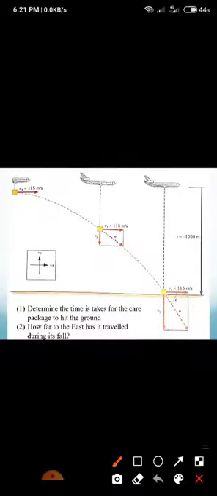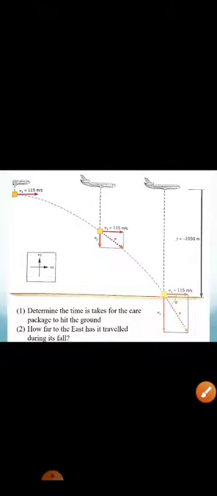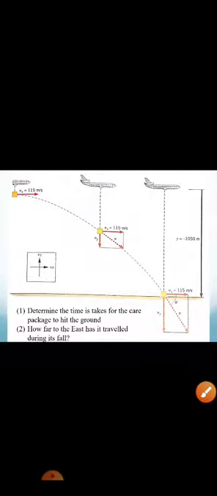So that is the object, the relief care package. It is dropped. Since the aeroplane was moving with a velocity of 115 meter per second, the package dropping from the aeroplane also has this velocity due to inertia of motion.